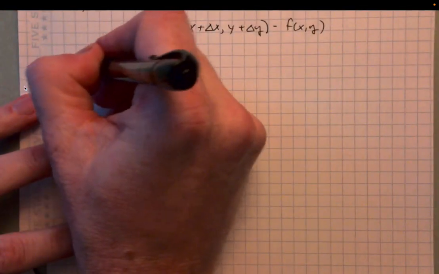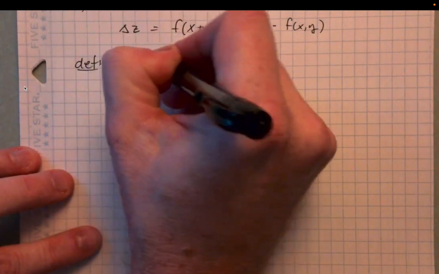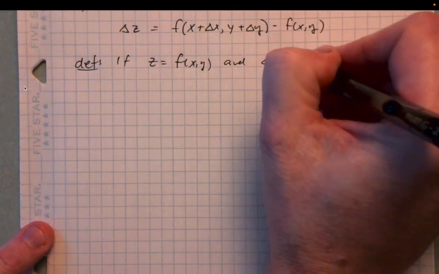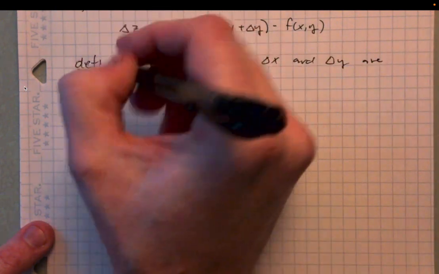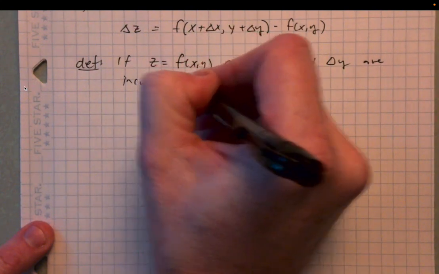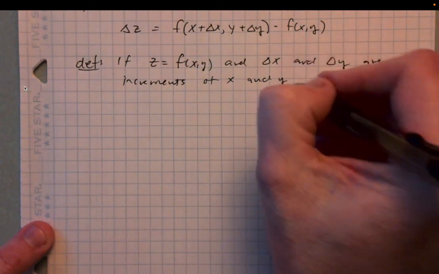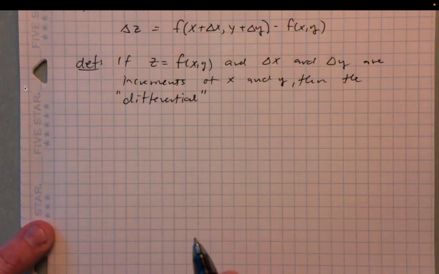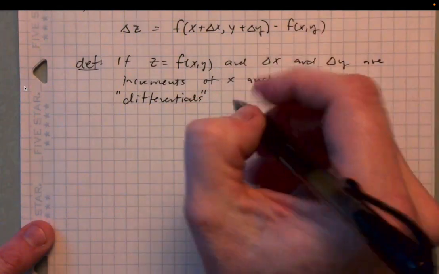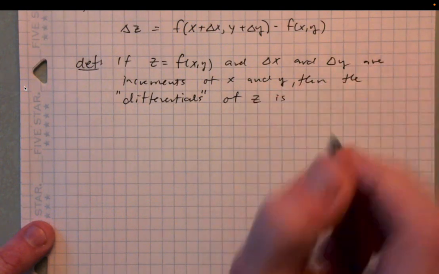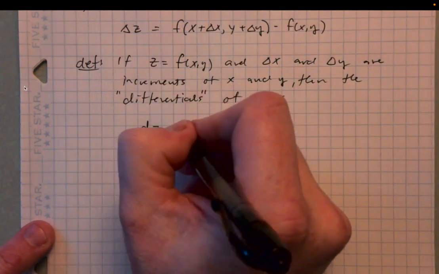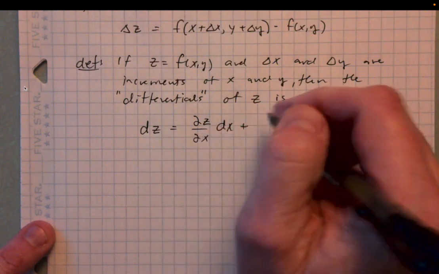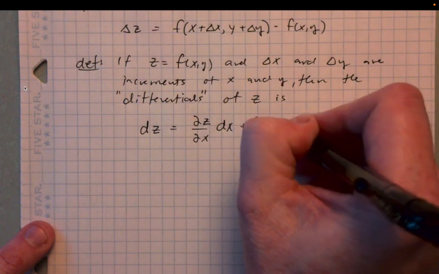Okay, so let's get a definition here. If z equals f of x y, and delta x and delta y are increments of x and y, then the differential of z is dz equals the partial derivative with respect to x times dx plus the partial derivative with respect to y times dy.